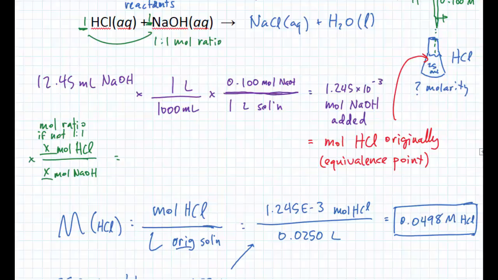The only new piece of information is knowing that at the equivalence point, you have added directly the ratio that's required for those two to react perfectly with each other. That's the idea. So if it's a 1-to-1 mole ratio, you can set the moles of this one equal to the moles of that one. That works pretty well.